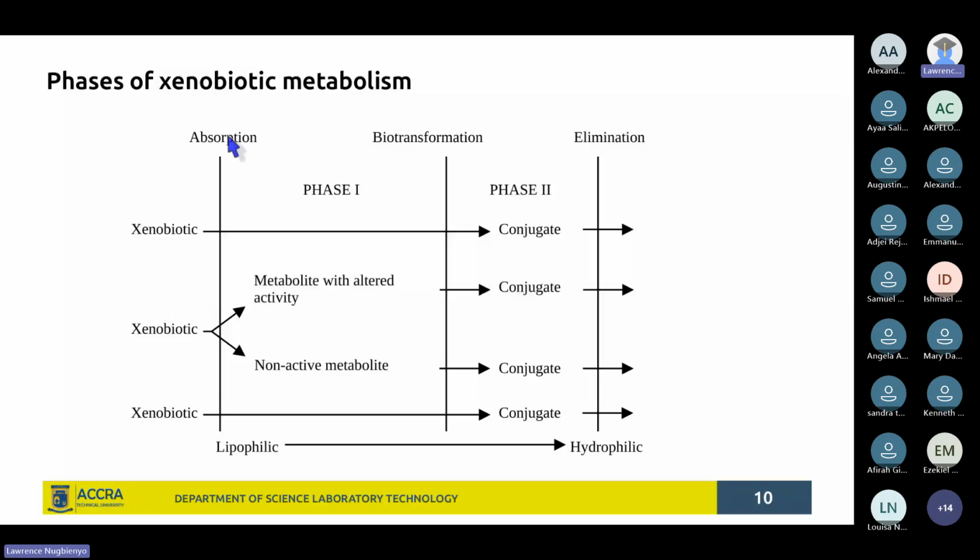So here, if you have a xenobiotic that gets absorbed into the bloodstream, you can either have the xenobiotic going straight to phase 2 without having any phase 1 interaction. It just goes straight to phase 2. And if you notice, phase 2 has a process of conjugation, which means some endogenous compound binds to the xenobiotic, forming a complex, and then that complex gets eliminated out of the body.